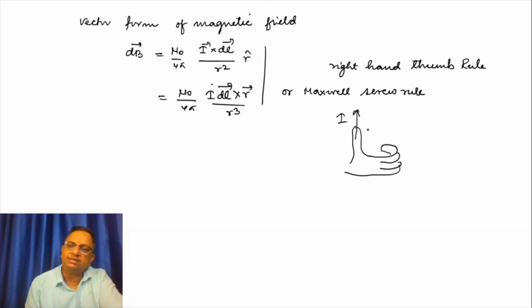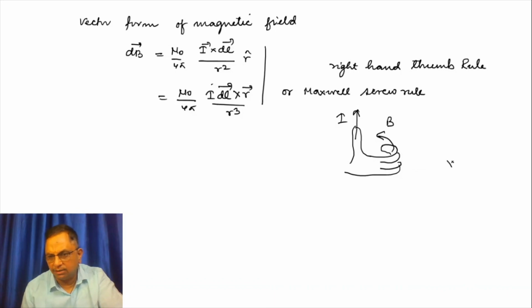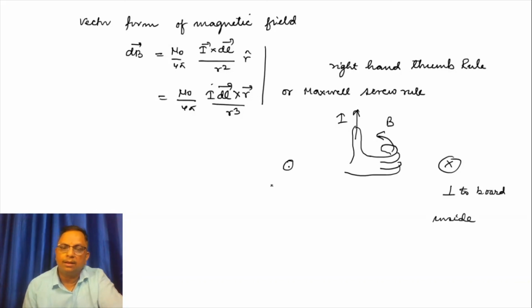Here it is the current direction and the magnetic field will be this way. Here it is cross and here it is dot. Cross shows the magnetic field perpendicular to the board, inside. Dot shows the magnetic field perpendicular to the board, outside.